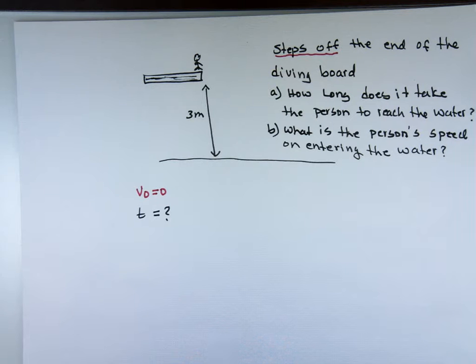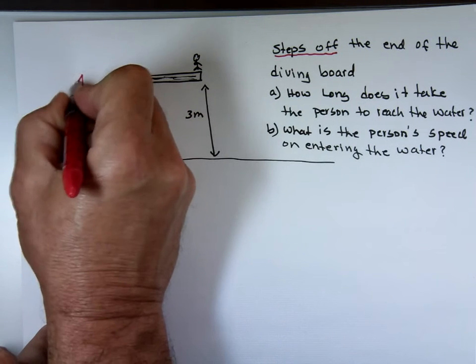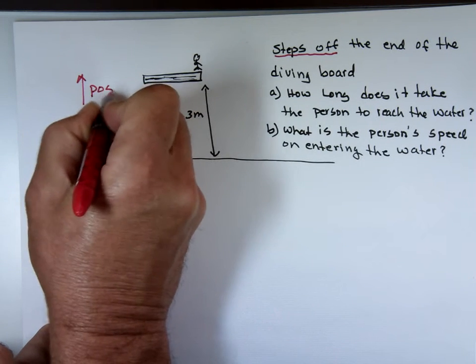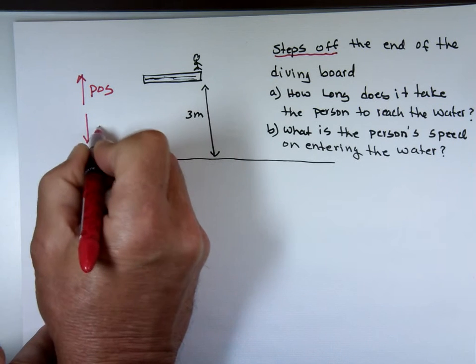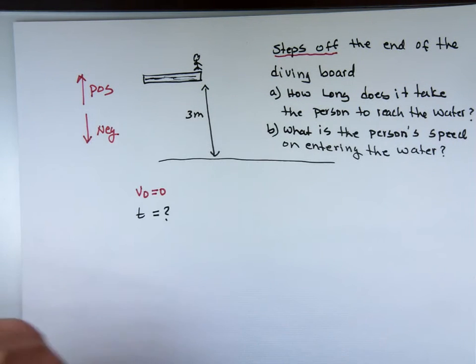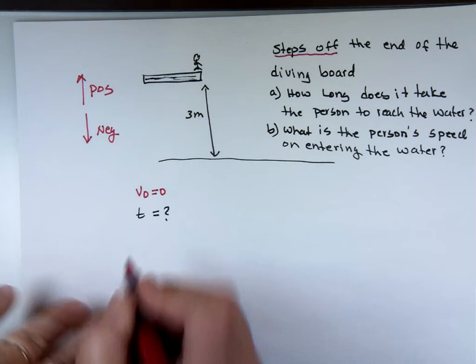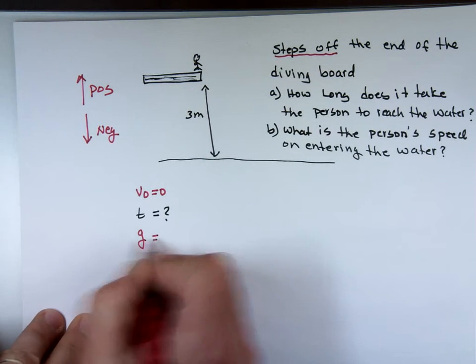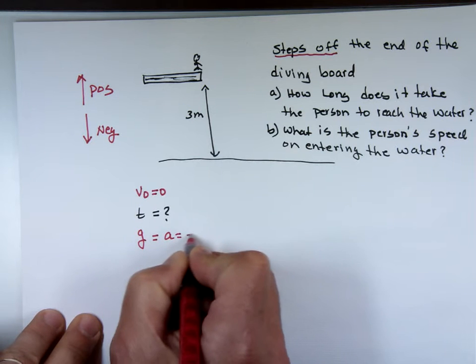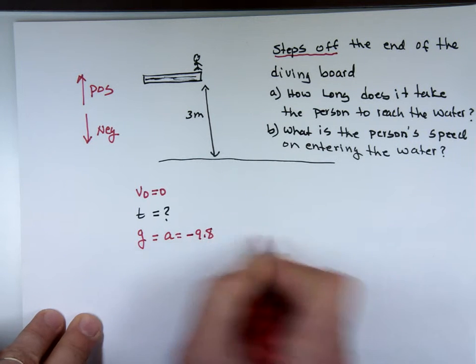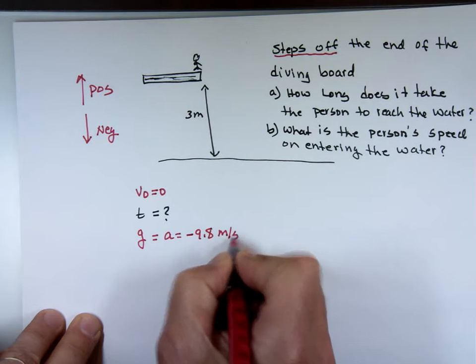So let's list what we know. We know the initial speed was 0. What else do we know? Again, I'm using up as positive, down is negative for this problem. I'll mix and match just to show it doesn't really make any difference. We know the acceleration, gravity, is negative 9.8 meters per second squared. What else do we know?